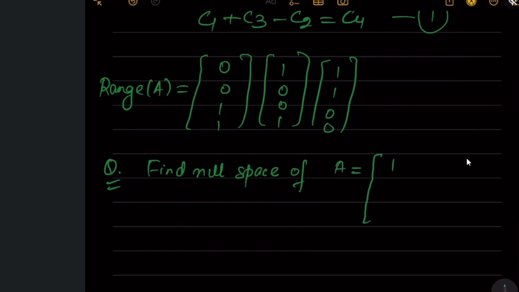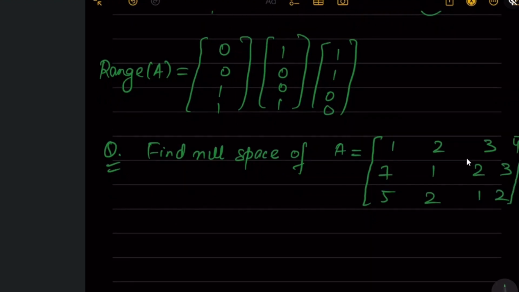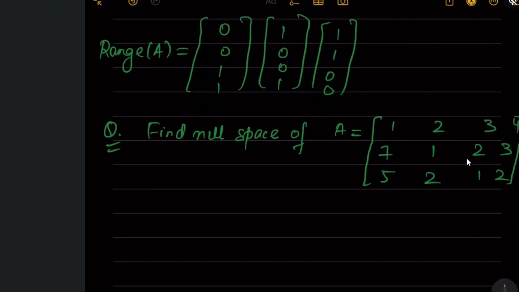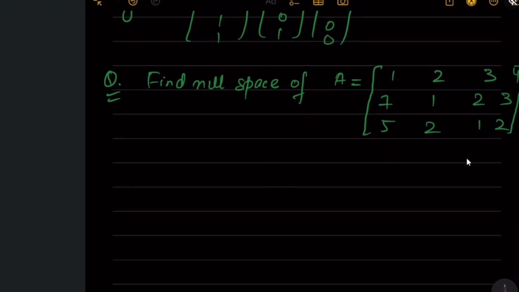In assignment questions it is not there, but the topic is there: column space, row space, and null space. Null space is one of the important topics in linear algebra. You should know how to find null space.